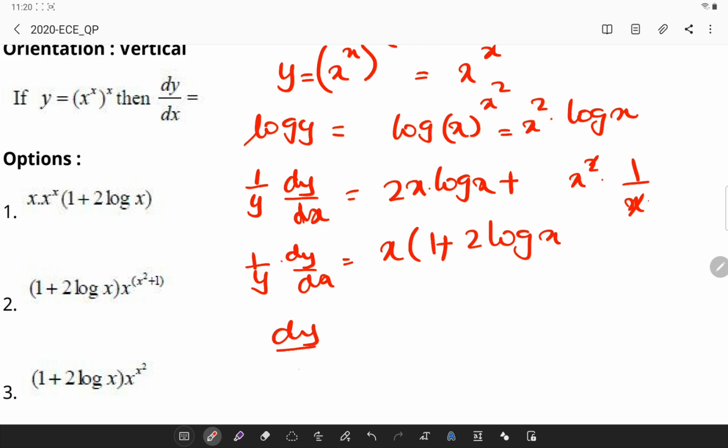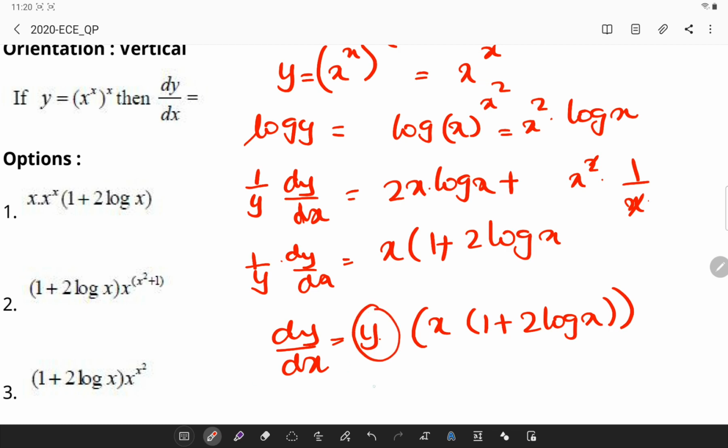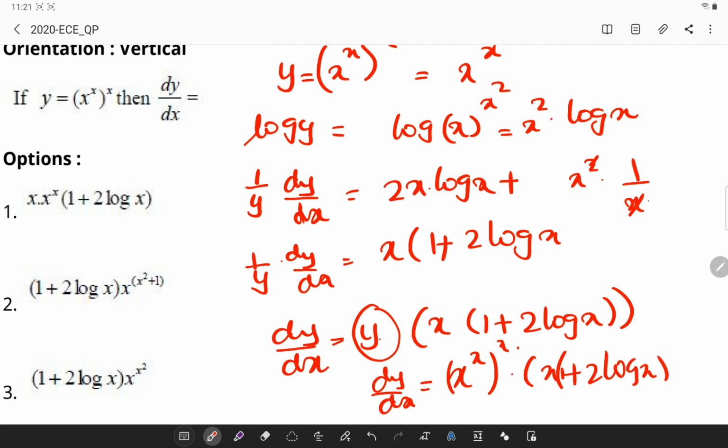So I can write dy by dx is equal to y into x into (1 plus 2 log x). Now I will substitute y, so I will be left with dy by dx is equal to x power x square into x into (1 plus 2 log x). So the answer is option 1.